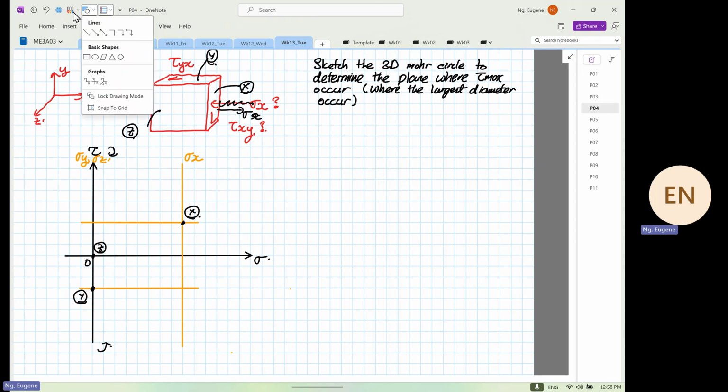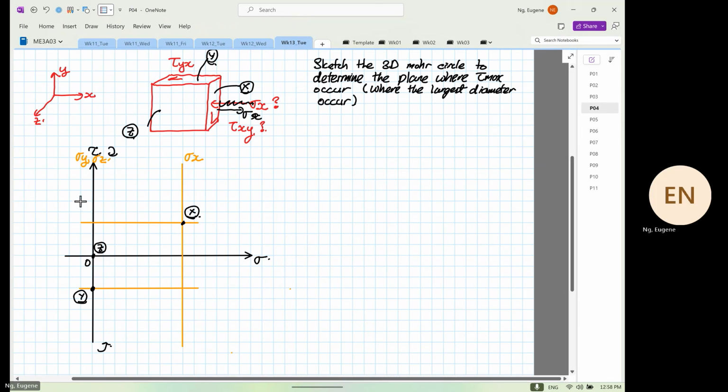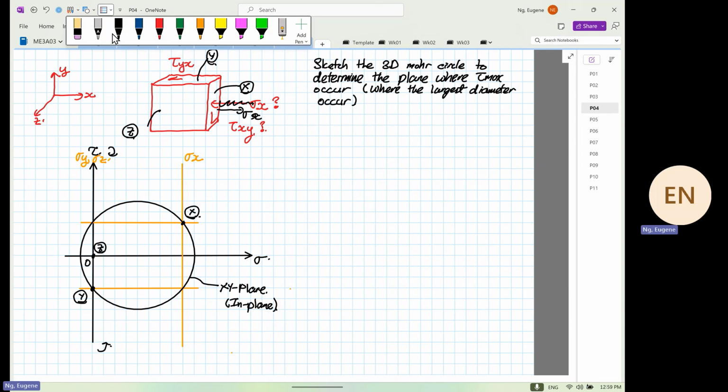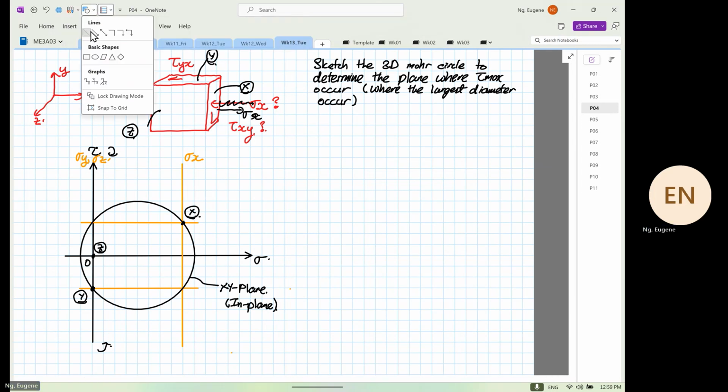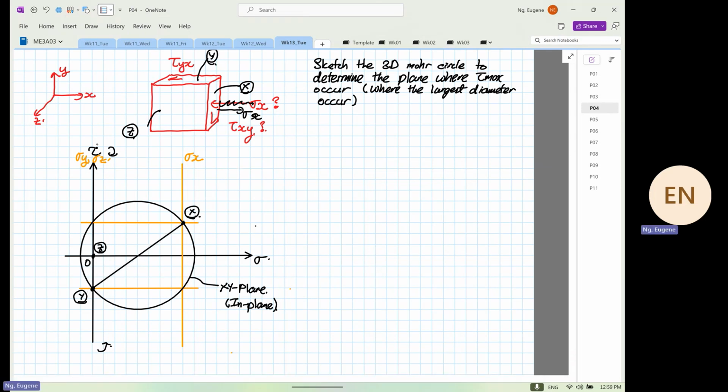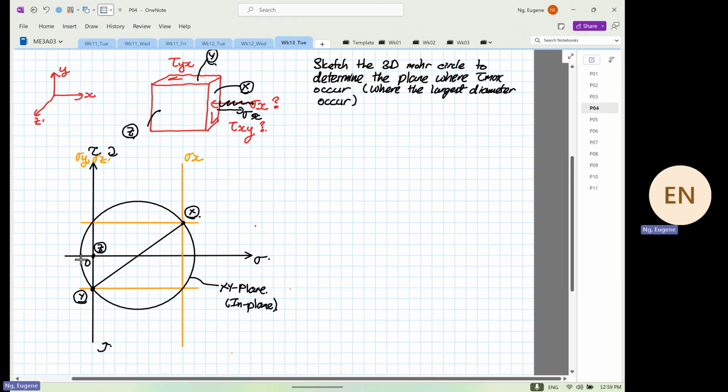So when we sketch this out, we know that this is our XY plane. And our XY plane, as you can see down here, this is our in plane, because it has the largest surface area. And then we can draw a line across. And then the next circle that we can sketch is a smaller circle.